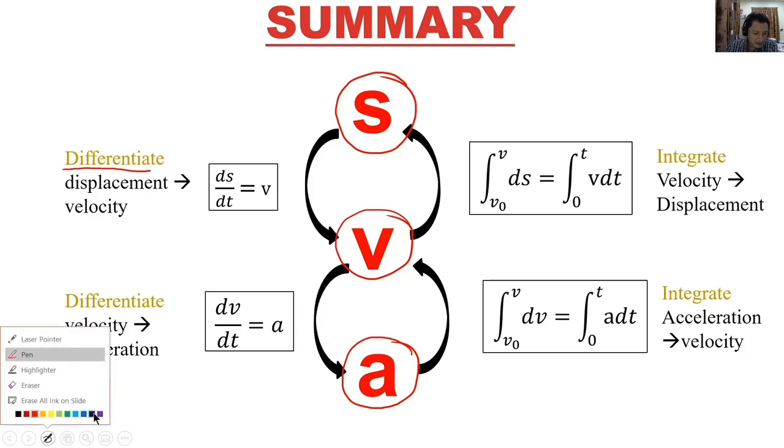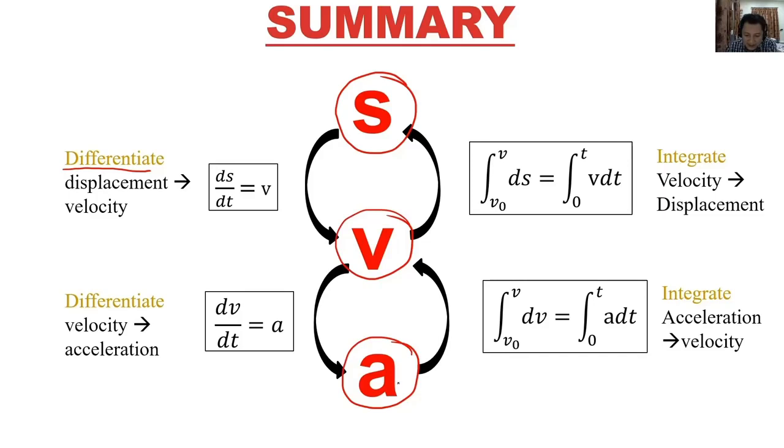And if you were to do it reversely, if you have data in terms of acceleration, for example, a is equal to 3t squared, this is a mathematical expression. If you have this data and you want to find out the velocity, you have to integrate.